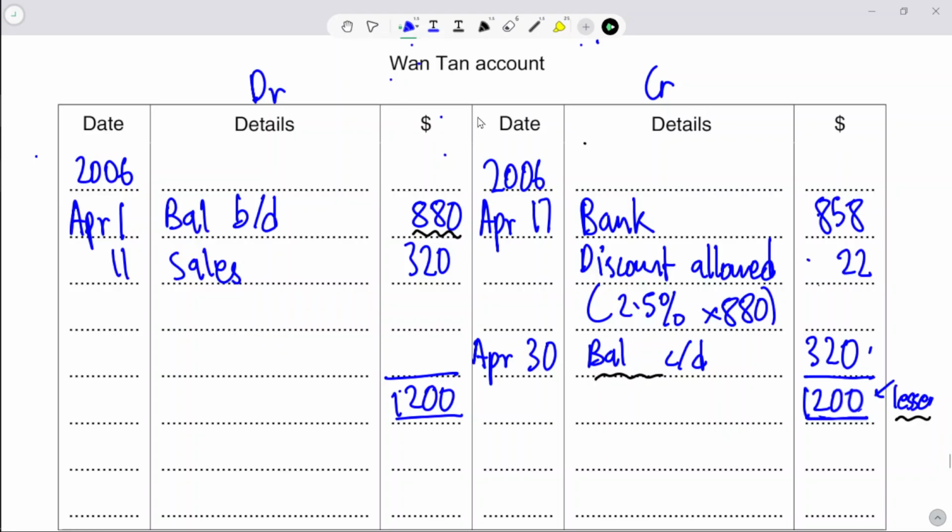And bring down the balance to the next day. April 30, next day will be May 1, 2006.